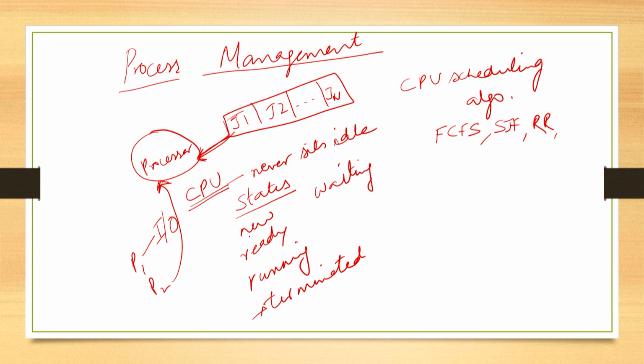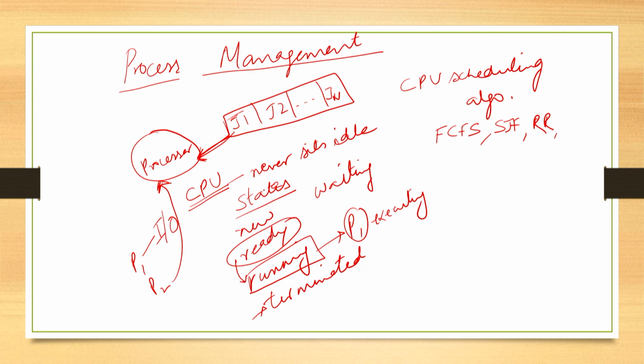So, depending upon these states, we will select the process from the queue and the CPU gets assigned to it. Ready means what? It is in the memory and waiting for the processor for its execution. Running means what? The processor is assigned to that process, say P1, and it is executing itself.